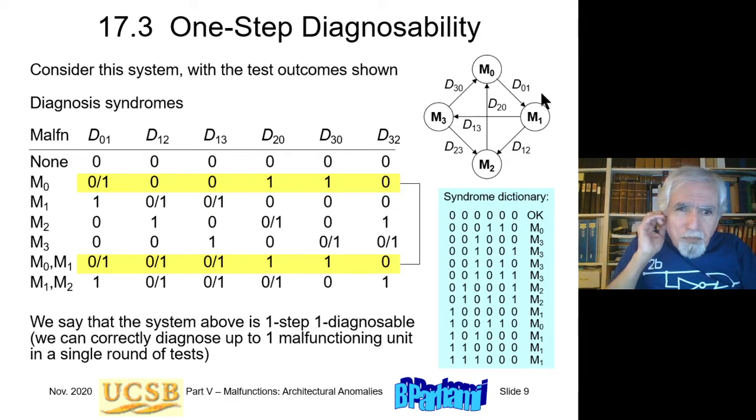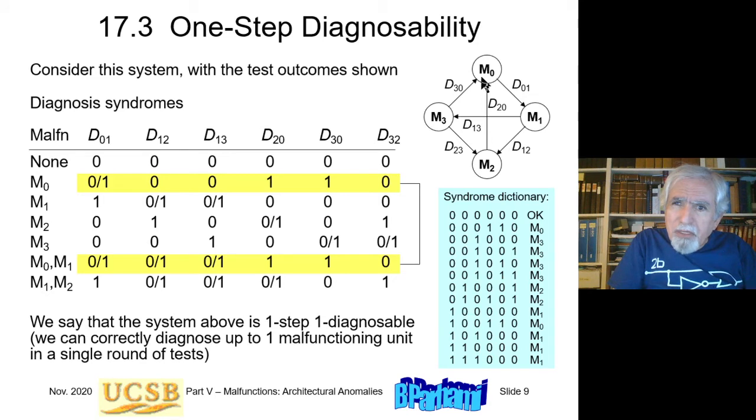So that kind of test we denote like this. The outcome can be 0 or 1. We don't know which one. It's basically random. Now, if M0 is malfunctioning, this will be the syndrome.